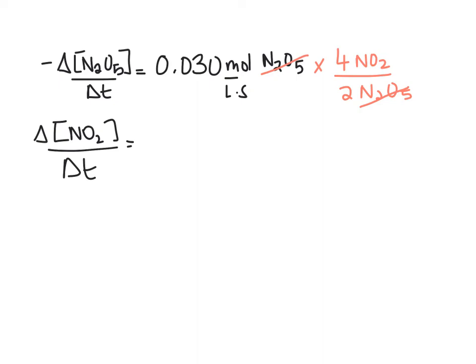So this is going to be 0.060 moles per liter per second. Once you have the rate of change of one species in your chemical equation, you can find the rest by converting using mole ratios.